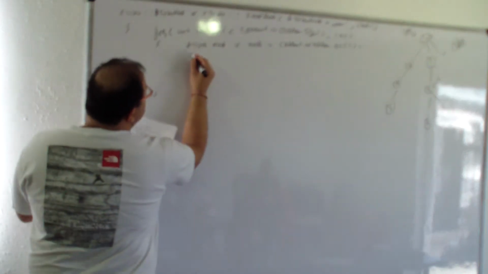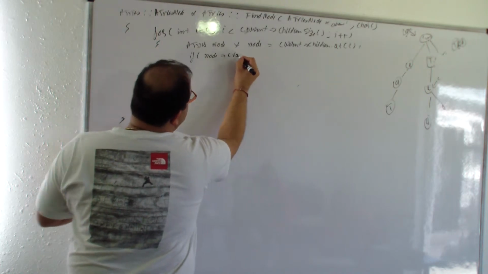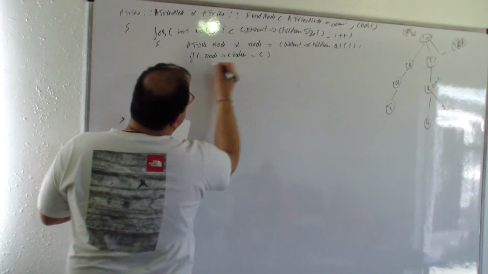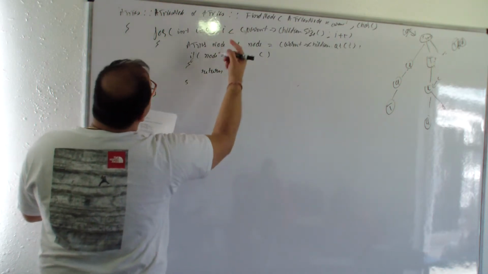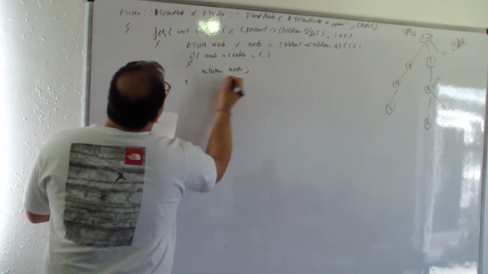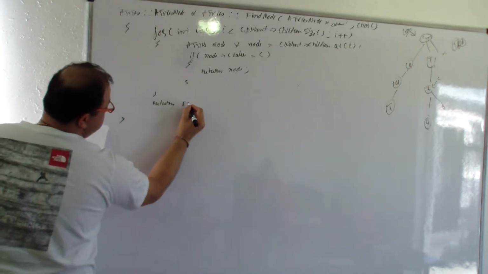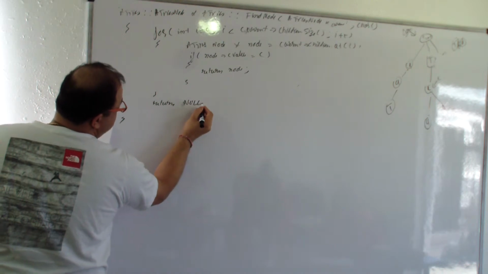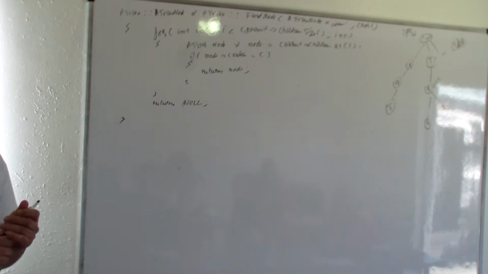At I, and then I will check if node arrow C value is equal to C, we'll return node, and if it comes out of this loop, we'll return null. Okay? Yes. Only one character we are checking, right? We are checking one character at a time.